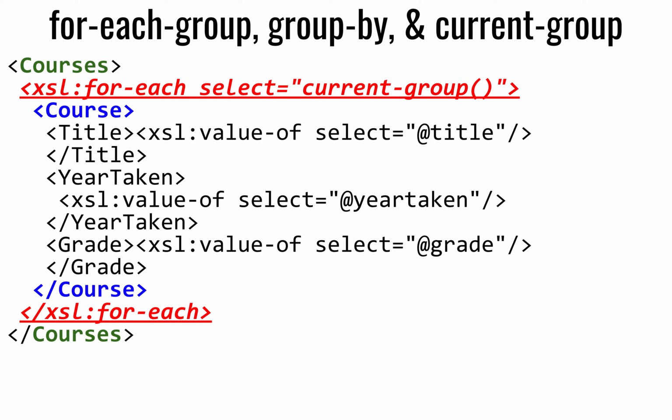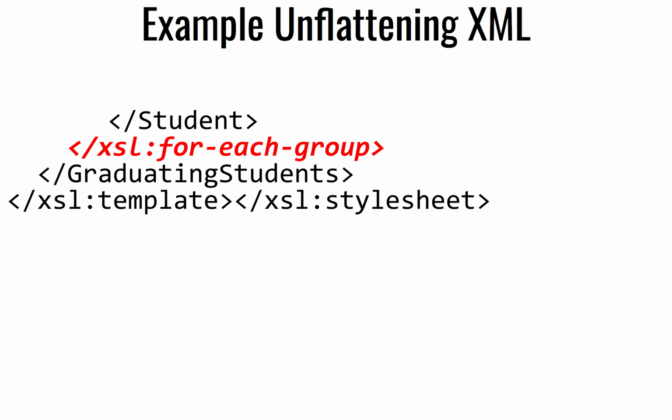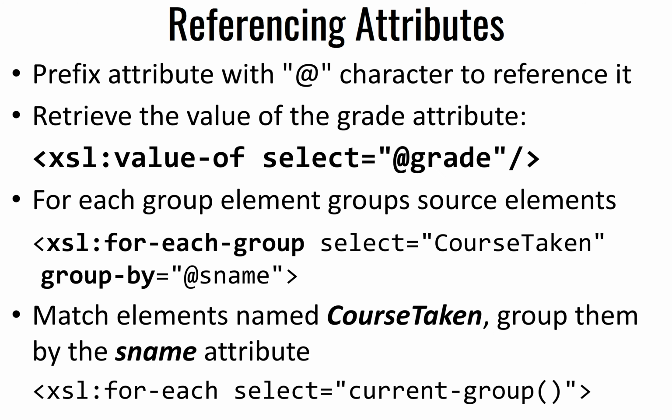And then it's going to generate completely different courses for Ben, because those belong to a different group. Okay, so very powerful, that allows you to group, just like you would perhaps group in relational databases. But here it allows you to group nodes by a particular attribute. And close the for each group.